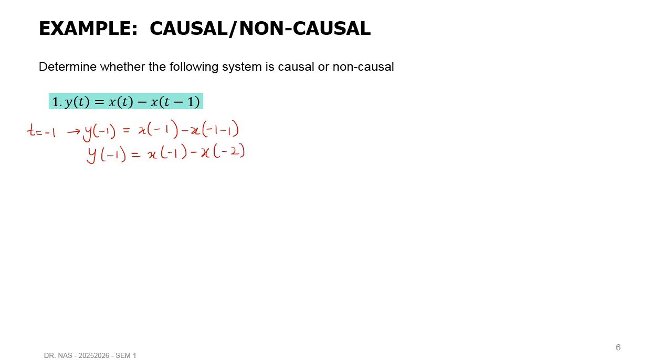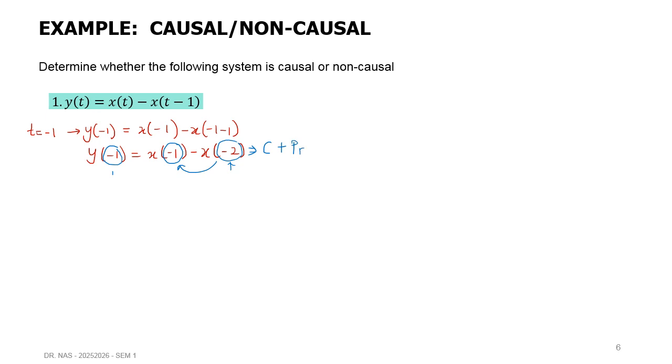Okay, so when you compare the states, the output having the -1 state is your current state. Your input point also having -1 is the same state. And then you have -2, which is smaller than -1. So in this case, you have the current state and also the previous state.